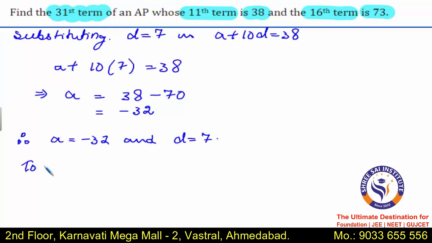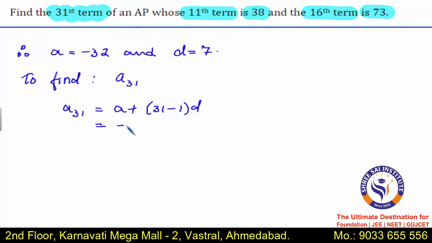We have to find the 31st term, that is A31, and this is given by A plus 31 minus 1 into D. Substituting the values of A and D, we have A is minus 32 plus 30 into 7.